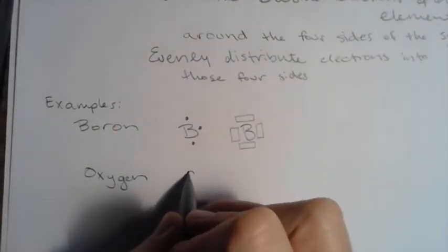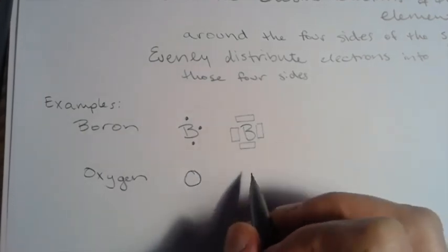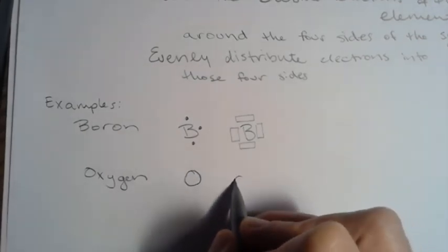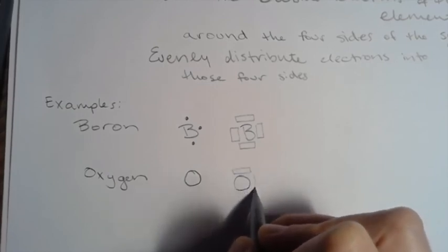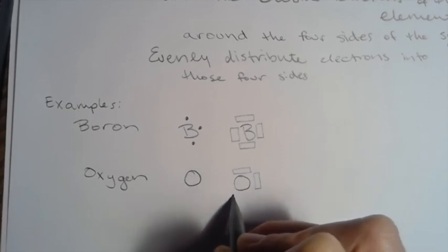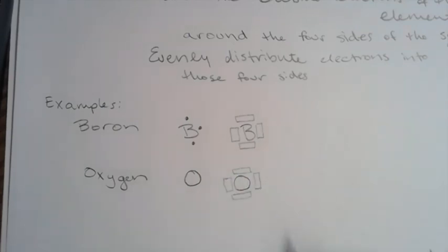Oxygen's symbol is O. And you're going to think about those 4 sides again. Again, you can draw them or not, and either way is correct. Eventually, you'll get to a point where you're drawing the Lewis structures without the boxes. But for now, totally go for the boxes if that's how you see it visually.